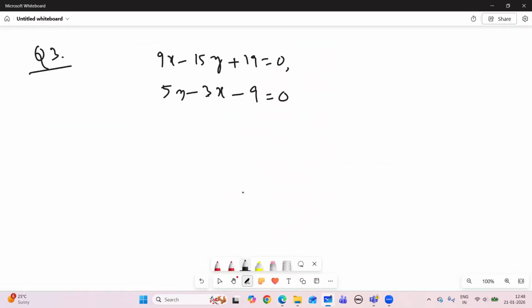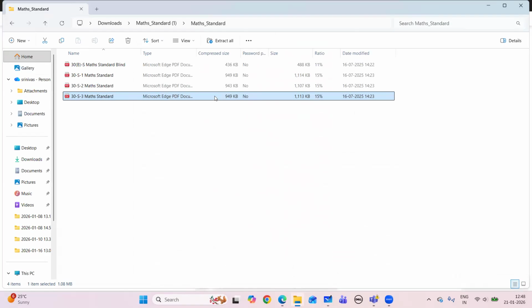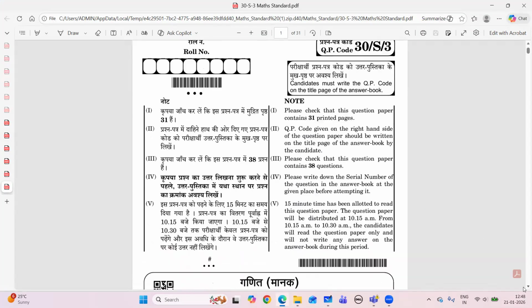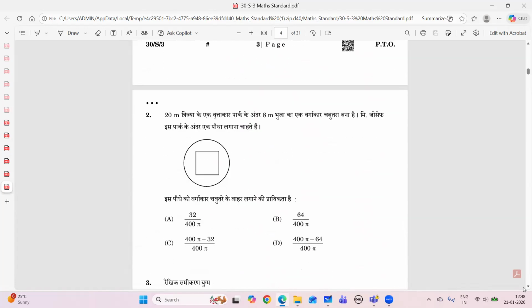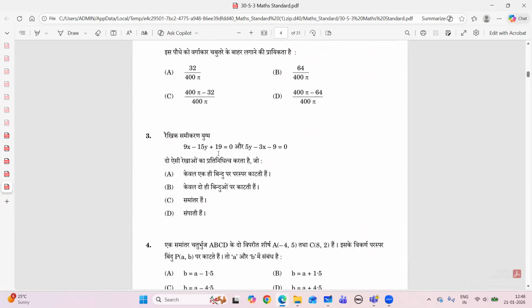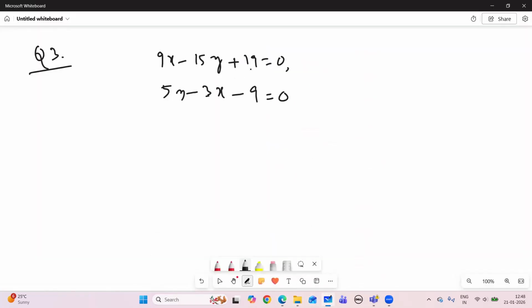The first one is 9x minus 15y plus 19. Now let us compare.